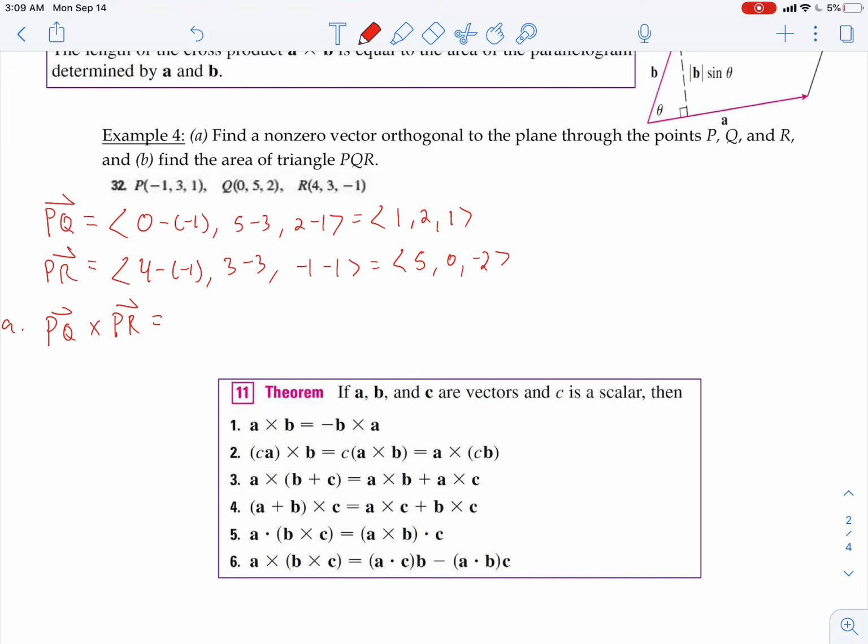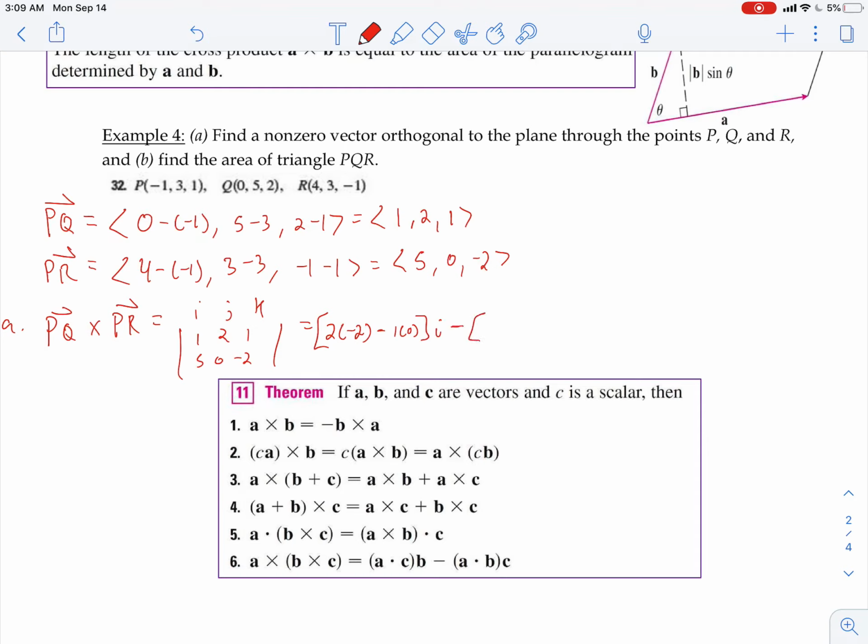I'll just say I, J, K, 1, 2, 1, 5, 0, -2. And I'm going to go ahead and just show the multiplication. So for I, it's 2 times -2 minus 1 times 0.